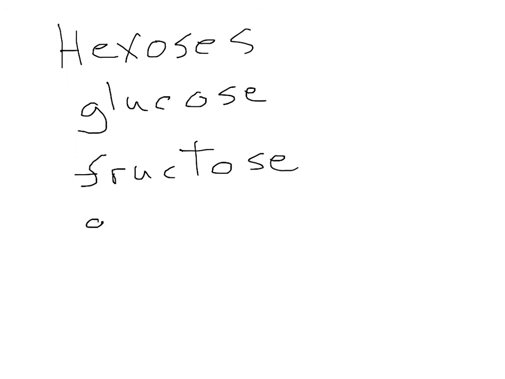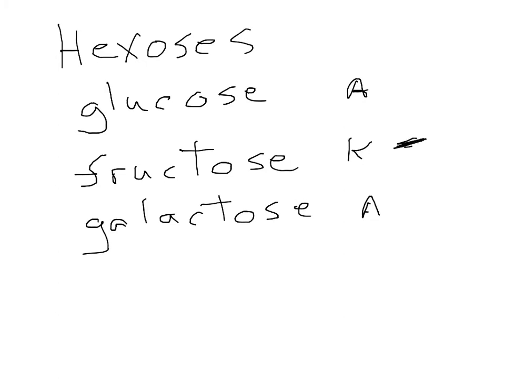And another called galactose, which you may not have ever heard of, but I'll explain more what that is. But glucose is an aldehyde, fructose is a ketone, and galactose is an aldehyde. They all are polyhydroxys. But the carbonyl group here is not on the end carbon.